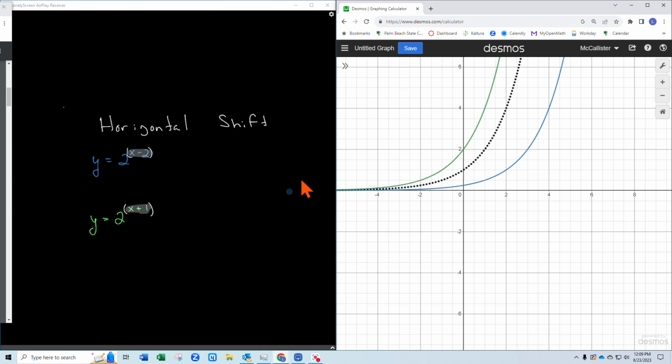So for this first one, the one that I have in blue, this gets shifted 2 units to the right. And the one that I have in green is shifted 1 unit to the left. And that is because it is opposite of what the sign in front of the shift is when it is a horizontal shift.